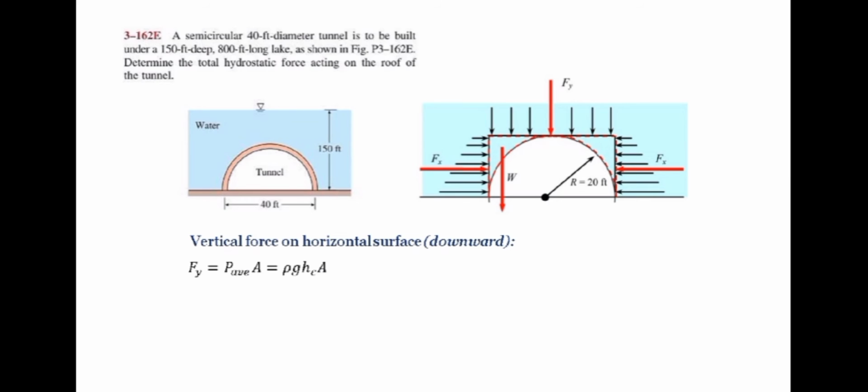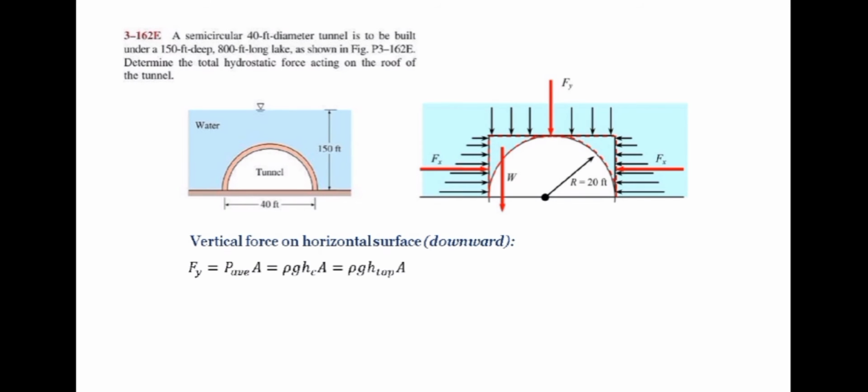Because look at the diagram. All the red arrows are pointing at the center of each side of the liquid block, and Fy is pointing directly at the highest point of the tunnel, which is also the center of the horizontal surface. So that is our basis for the hc.